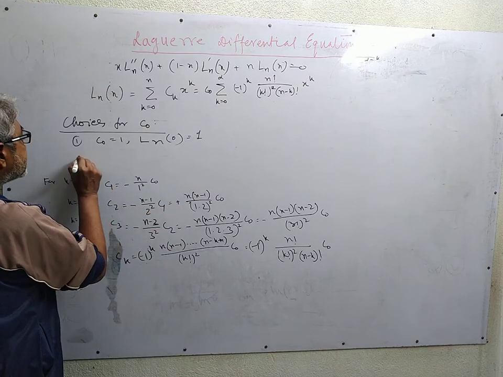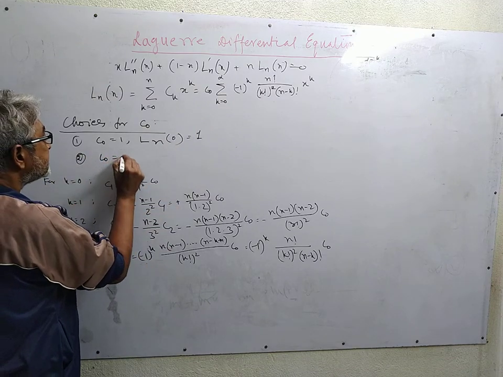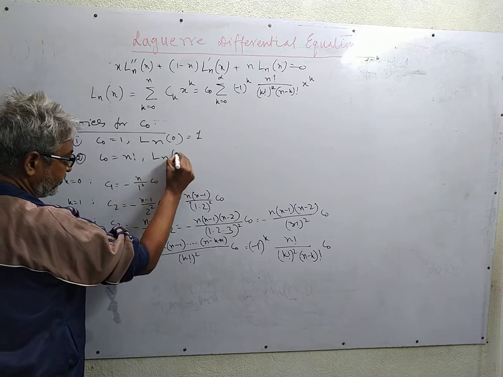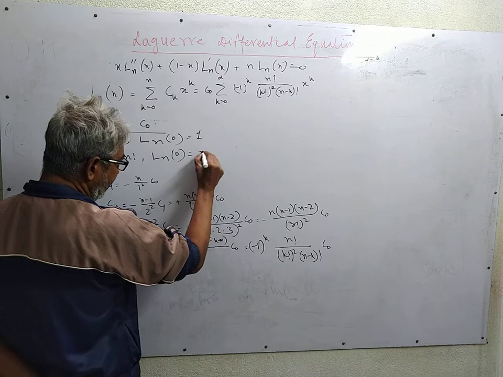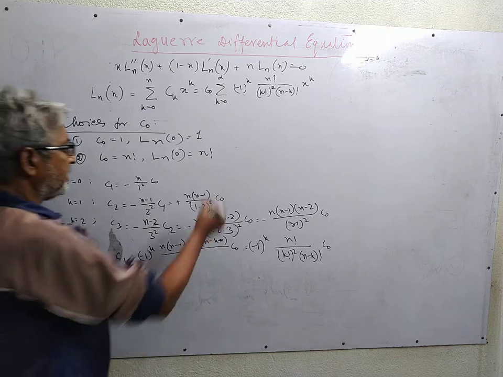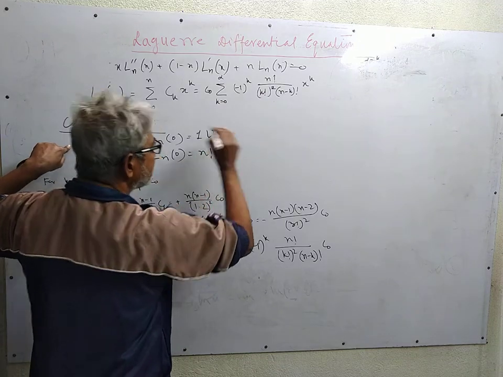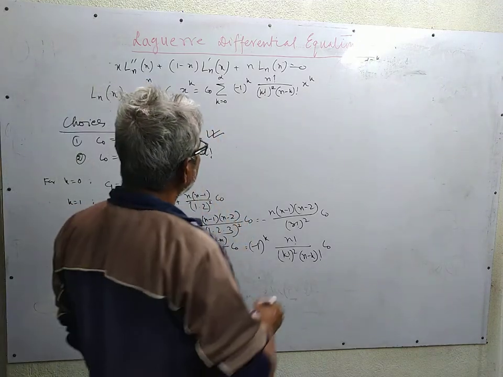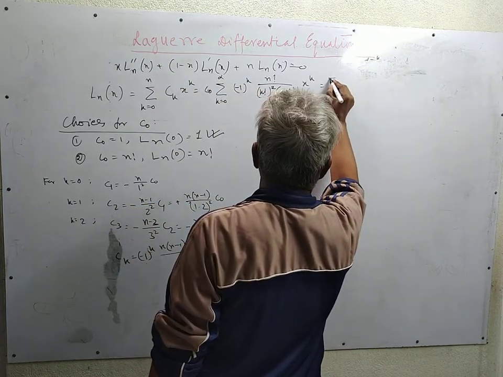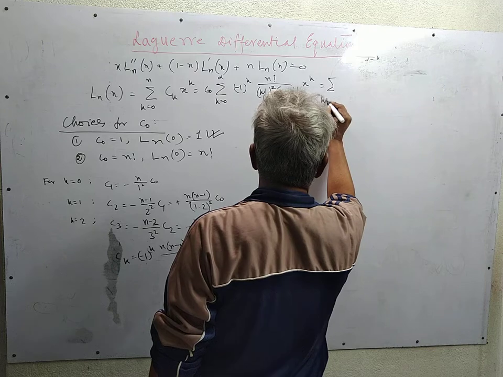The other choice is C0 equal to n factorial, which leads to Ln(0) equal to n factorial. In the text you will find both the options, but here we shall opt for this one. So this is the solution for the Laguerre differential equation.